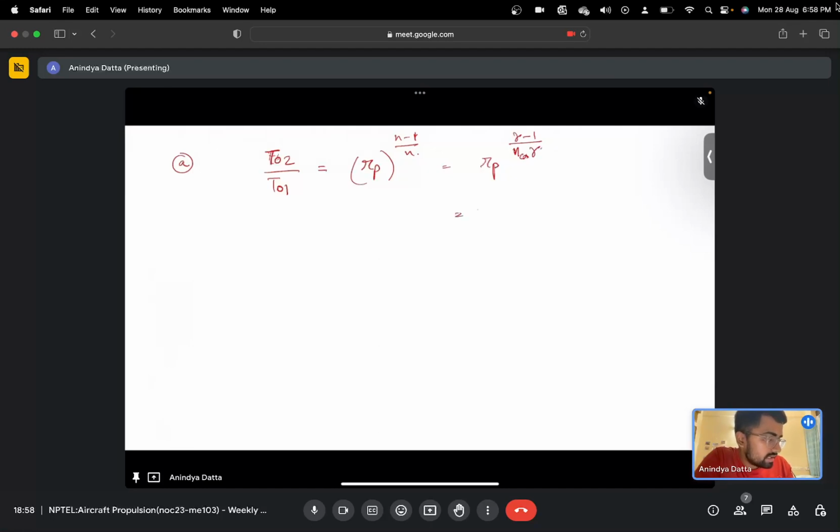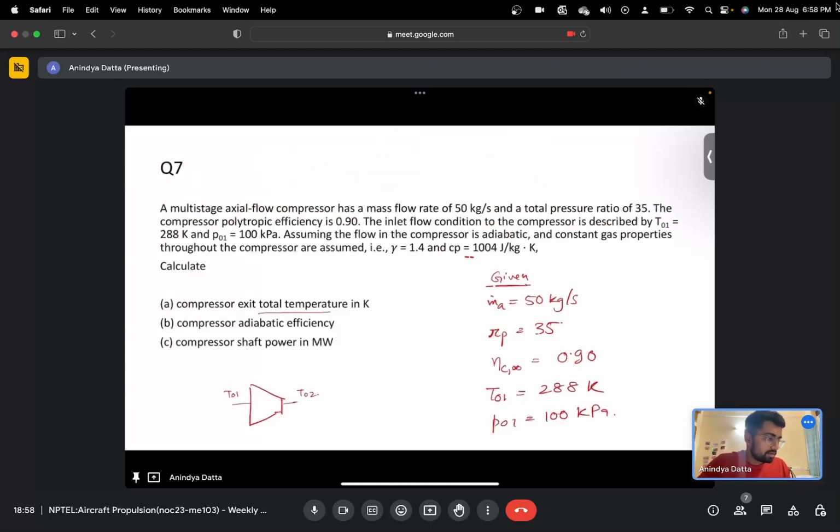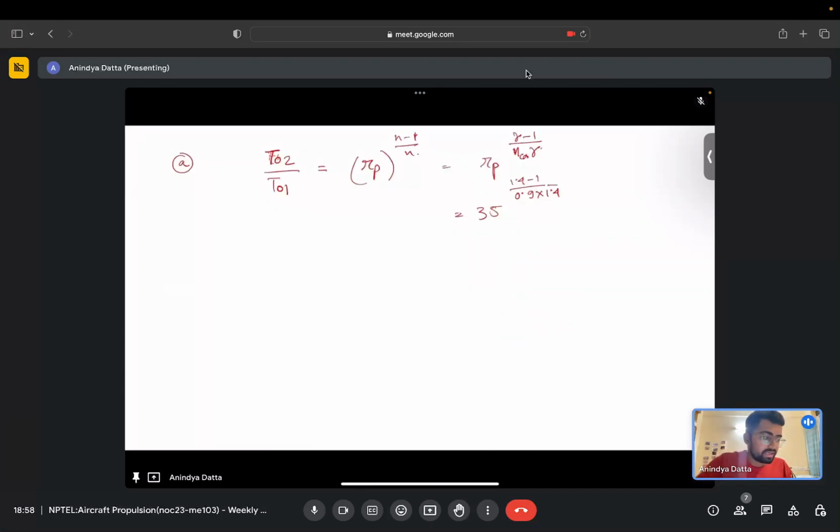So this is 35 to the power (1.4 minus 1) divided by (0.9 times 1.4). Can anyone compute and tell me the value?